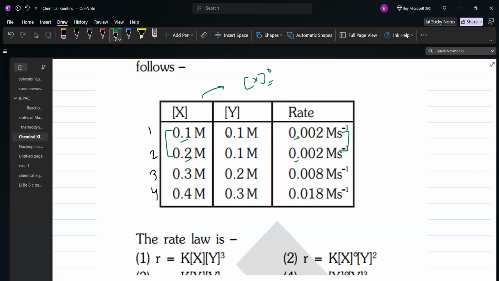Comparing first with which experiment? You have compared the first experiment with which experiment? Second, third, fourth. 2 and 3. Acha, you have chosen 2 and 3, right? Yes, sir.